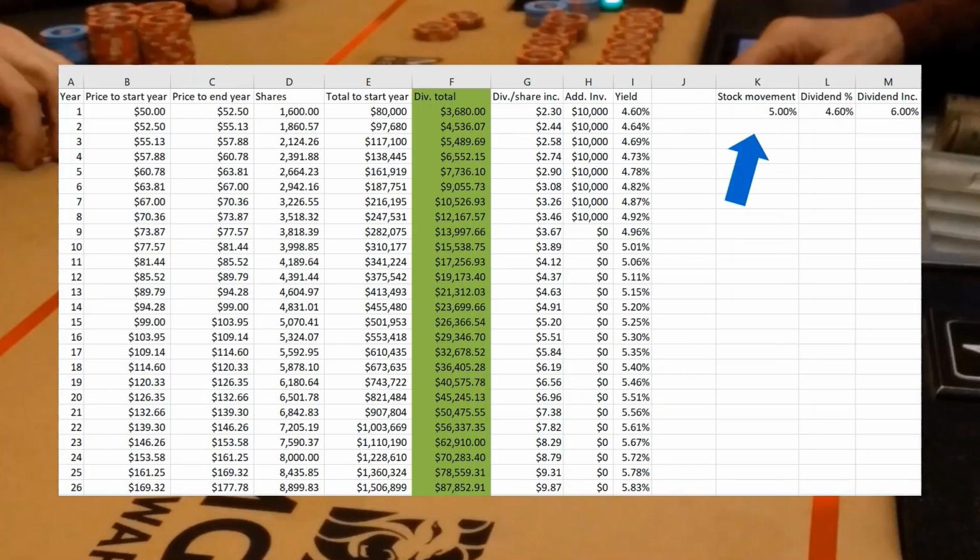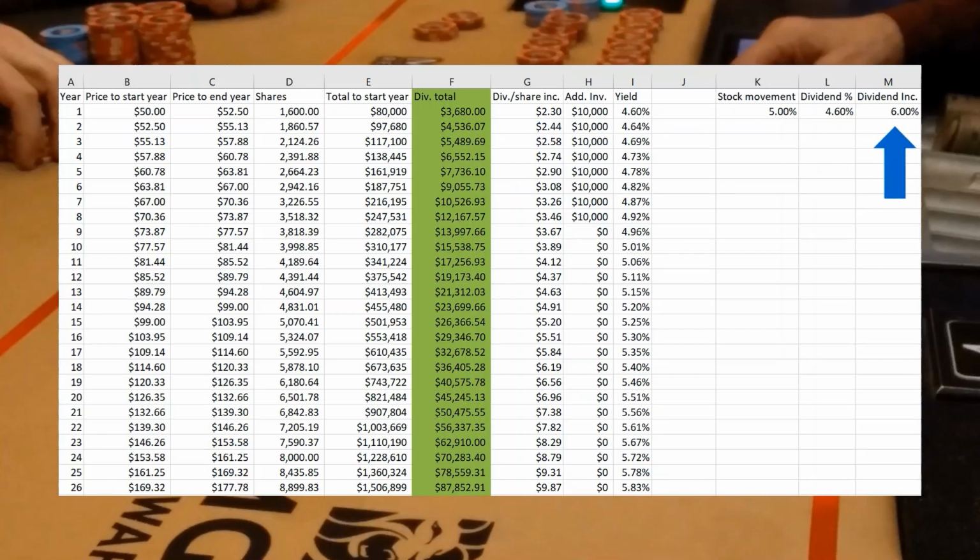These three variables are how the stock moves year to year. I've put in 5%, so that means if at the start of year one the stock price was $50 and it increased that 5%, then at the end of the year, it's $52.50. Also on the right side, the yield that you start the plan with, if it's 4.6%, and the price of the stock was $50, that means the company is paying $2.30 per share over the course of the year.